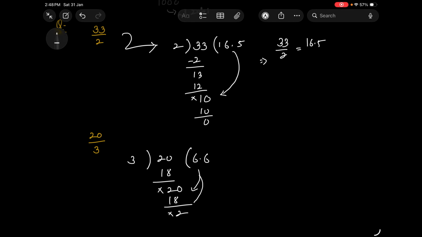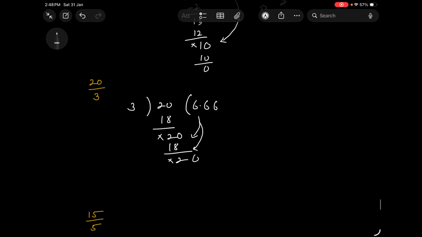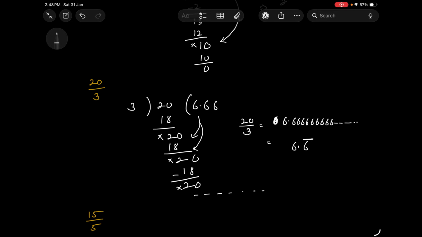Again it gives 20. Again we put 6, again 18, again 2, again 0, 20, and it carries on so forth. So we can write 20 upon 3 is equal to 6.666666 dot, or simply we can write it as 6.6 recurring.